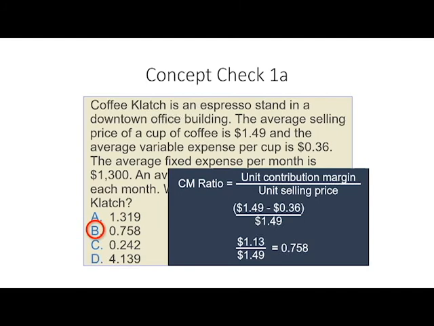The average selling price minus the variable cost, so we get 1.13, divided by the unit selling price of 1.49. So 1.13 by 1.49, and we get a CM ratio of 0.758, using the CM ratio formula.